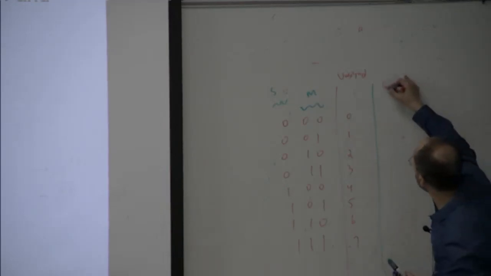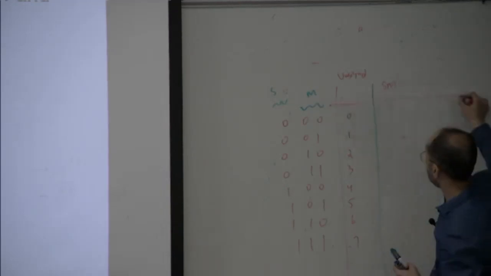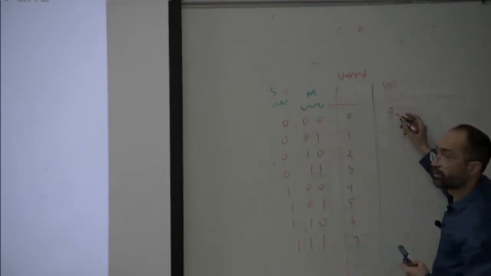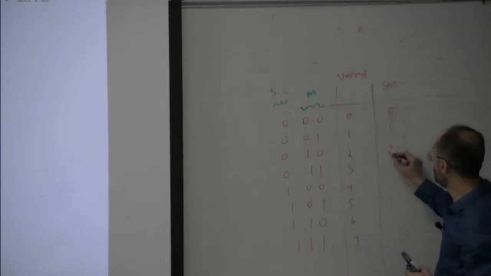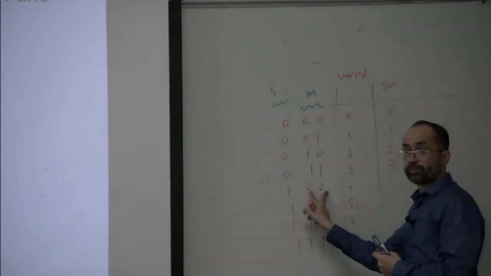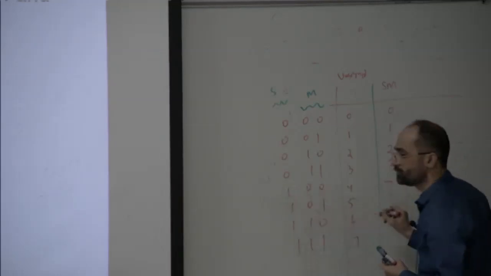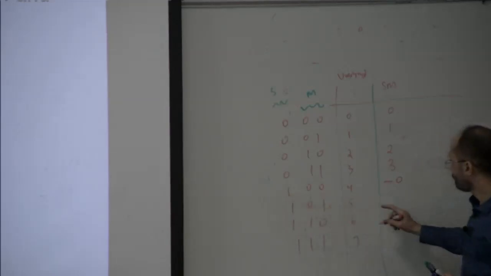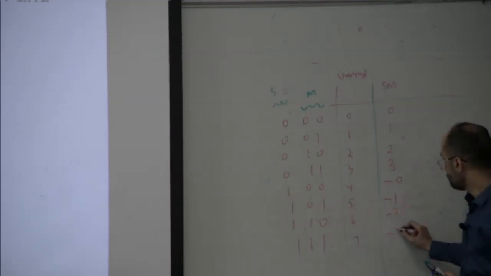But when we have the signed magnitude, these are the magnitude bits. This becomes 0, then 1, then 2, then 3. But now 100, where the sign is 1, is actually -0, because the sign bit is 1. And then -1, -2, and so on. So simple.